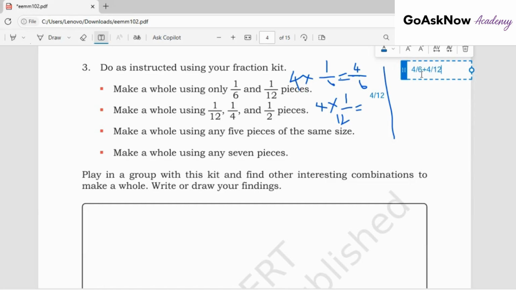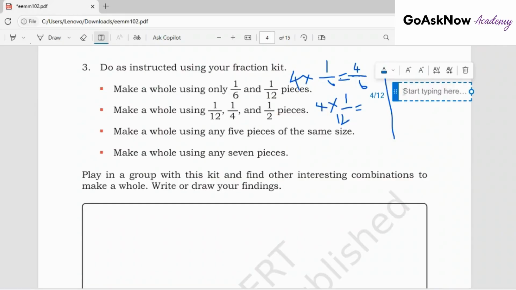Now, the denominator should be equal. Now, we are calculating the denominator: 4 into 2 divided by 6 into 2, which is equal to 8 by 12.